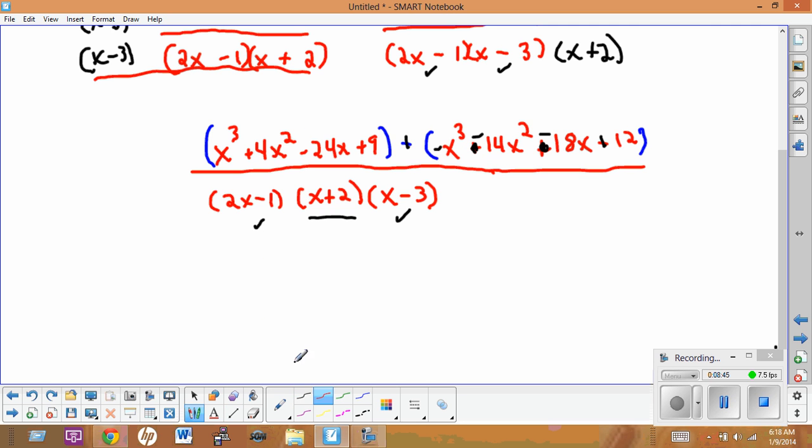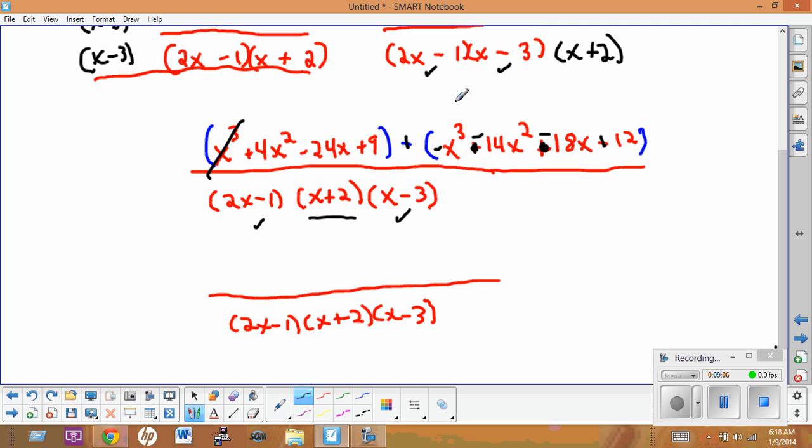So before we do that, let's clean it up a little bit. We have 2x minus 1, we have x plus 2 and x minus 3. And we can see that those two go away. We have 4x squared plus a negative 14x squared, so that's going to be negative 10x squared.